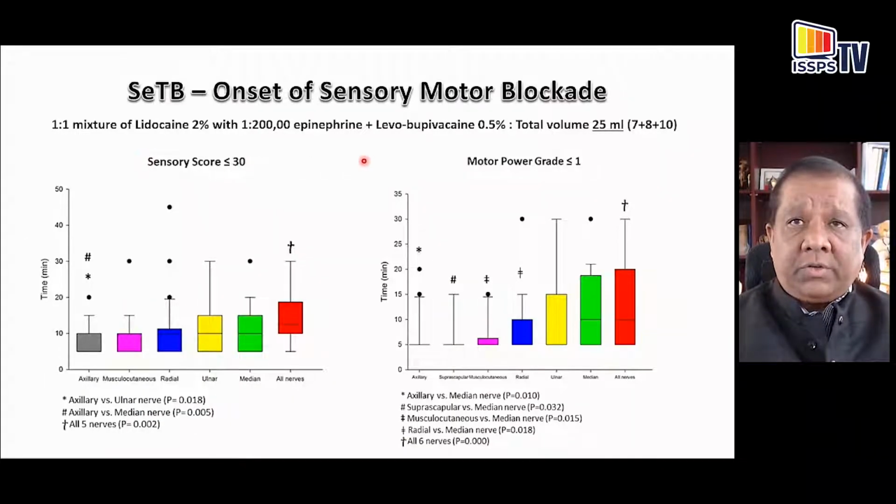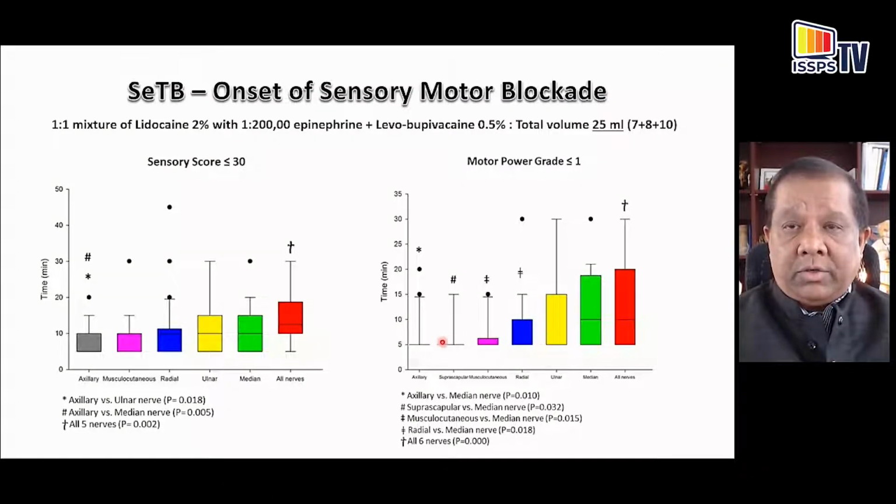When we looked at the onset of sensory and motor blockade, defined as a sensory score less than or equal to 30 and a motor grade of less than or equal to 1 in the Likert scale of 0 to 2, you can see here that there is a rapid onset of sensory blockade in all the 5 nerves. The axillary, musculocutaneous, radial, ulnar, and the median, and the summary data also you can see here. There is onset as early as 10 minutes.